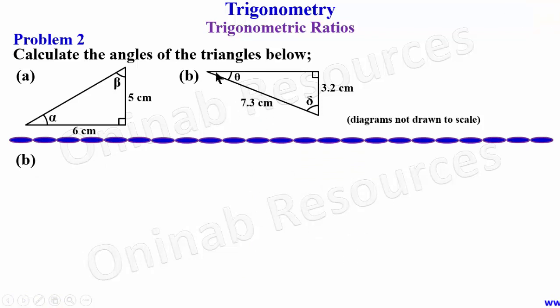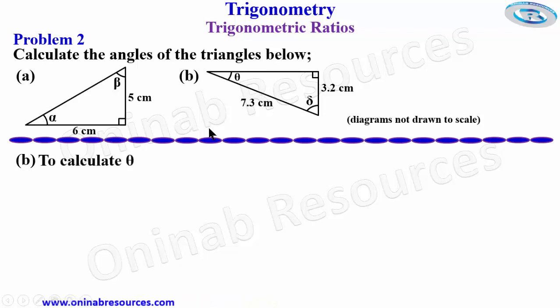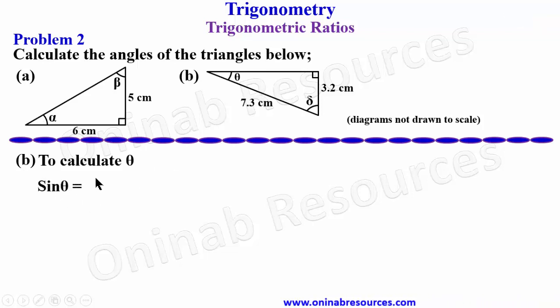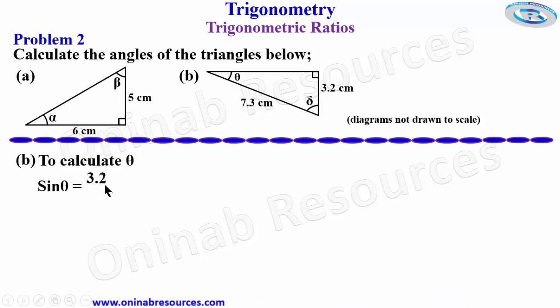For B, we are considering calculating theta first. So to calculate theta, this is opposite and hypotenuse. So with the opposite and hypotenuse, we are going to make use of sine theta is equal to 3.2 over 7.3, and that gives 0.4333.